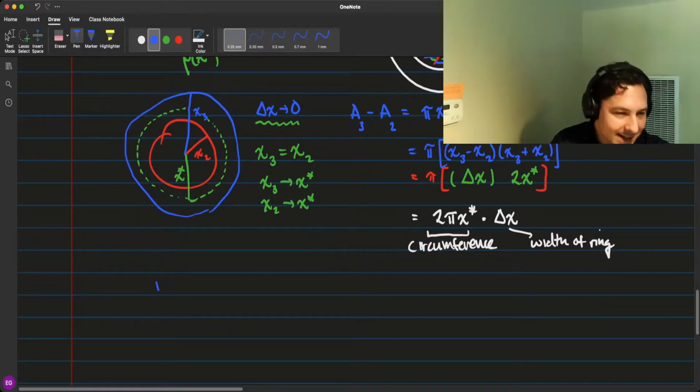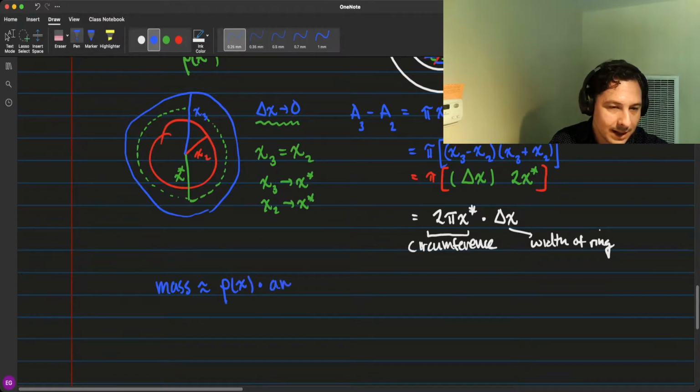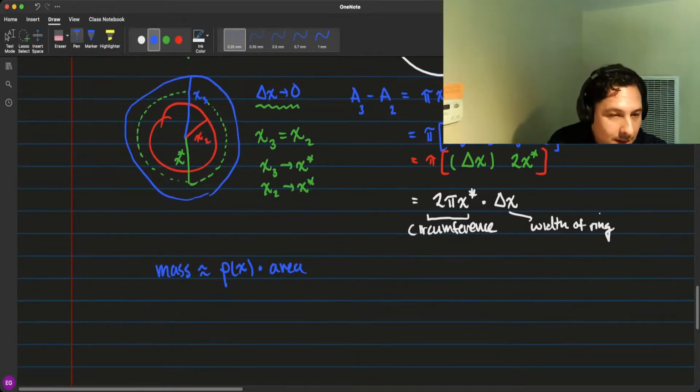Our mass is approximately equal to rho of x times the area. The area of one of those things is 2 pi x star times delta x.